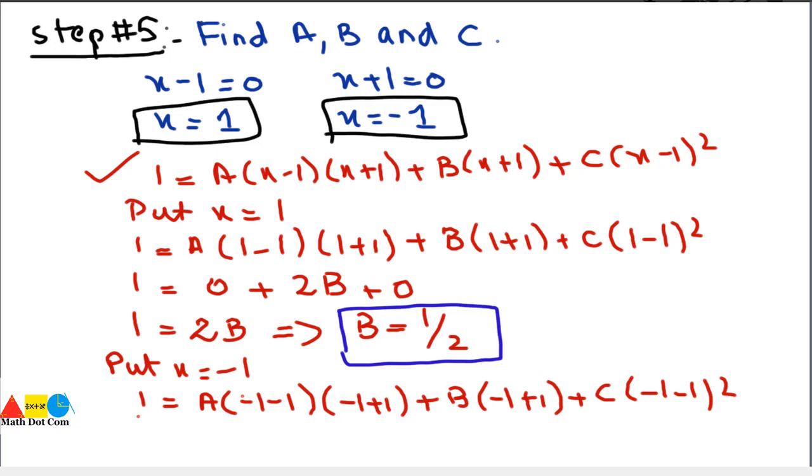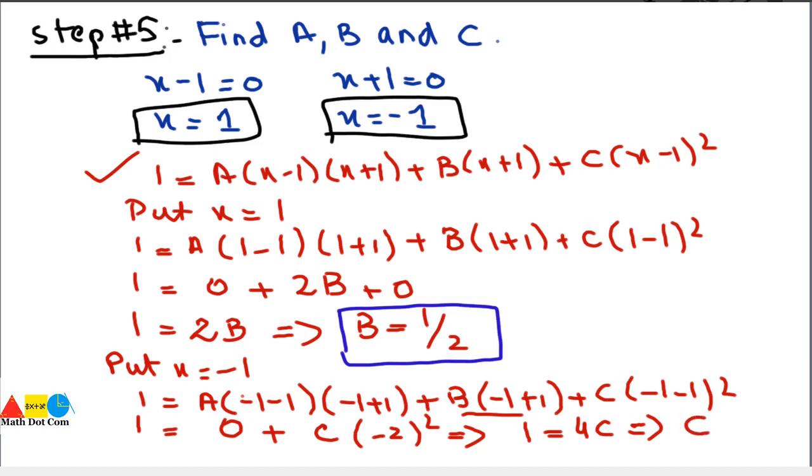So what we will get? 1 is equal to, it will become again 0. So 0 plus, it will also become 0, minus 1 plus 1 is 0. And then we are left with c into minus 2 whole square. So it is like 1 is equal to 4c, and the value of c comes out to be c is equal to 1 by 4.